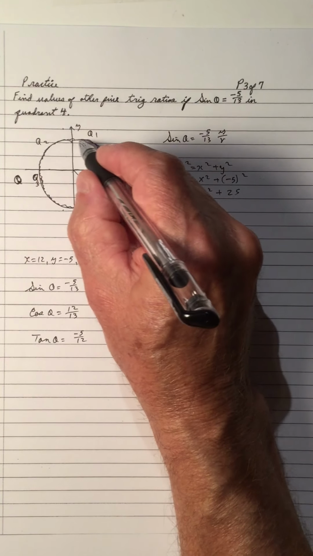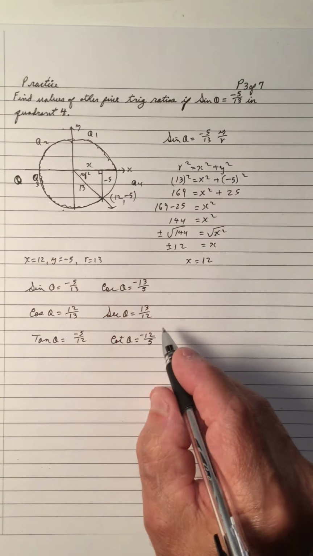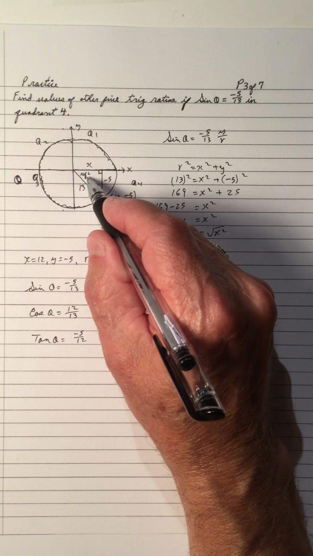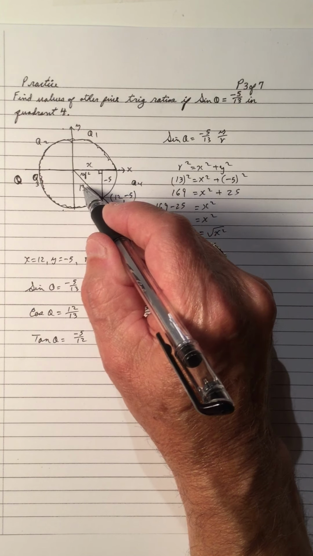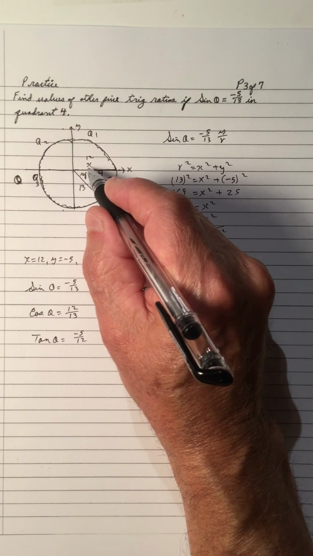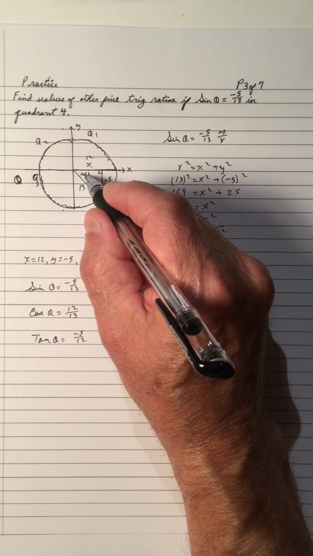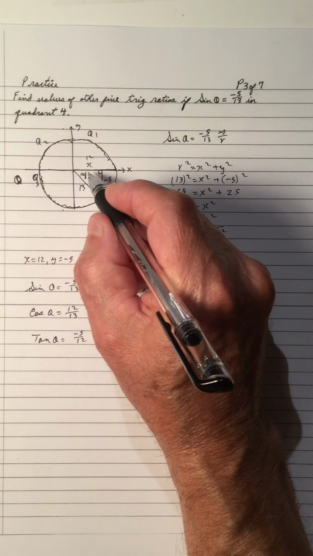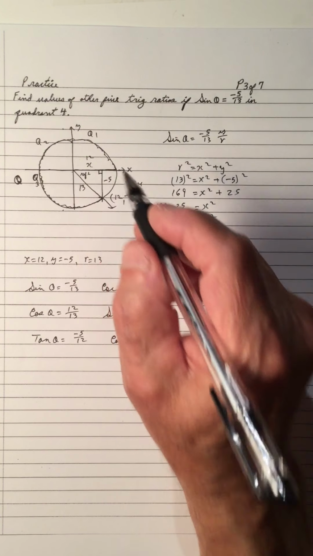So theta is this rotation all the way around here. And so after you get this triangle, you can say that cos is adjacent over hypotenuse, sine is opposite over hypotenuse, and tan is opposite over adjacent if you want.